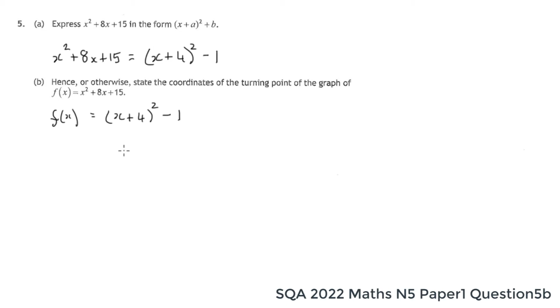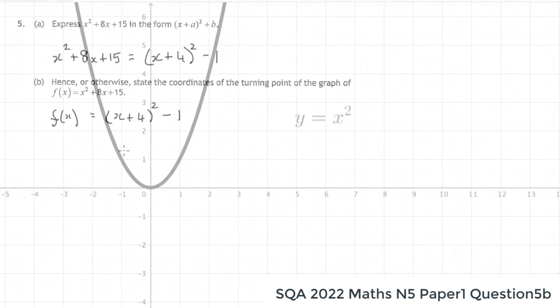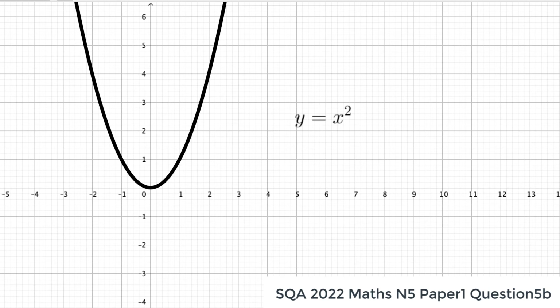So let's do an exploration of turning points on graphs. So here we have the graph of y equals x squared. Now how we read this, when x is 0, 0 squared is 0, so there's a height of 0 on this graph above the x-axis. When x is 1, 1 squared is 1, so the graph is now at a height of 1 above the x-axis.